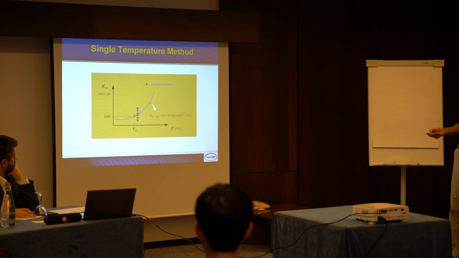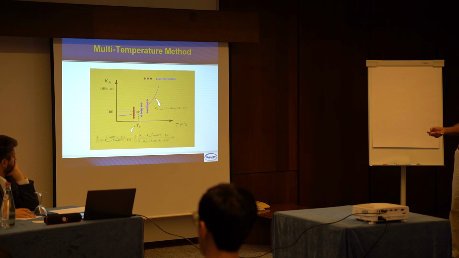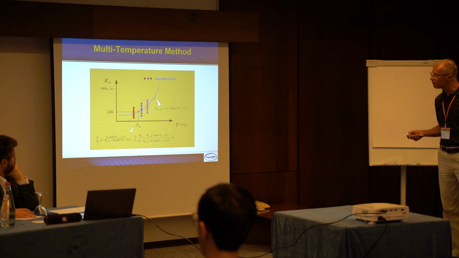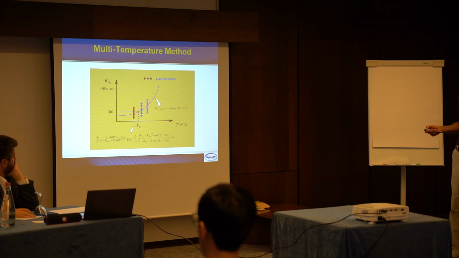Okay, and a more refined procedure for the master curve is the multi-temperature method. You actually test the specimens at several different temperatures, and from them, by applying a more sophisticated procedure using an iteration of this equation, you determine your T0.